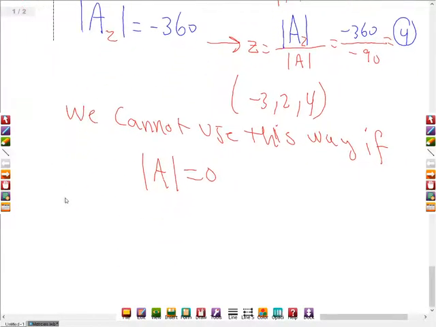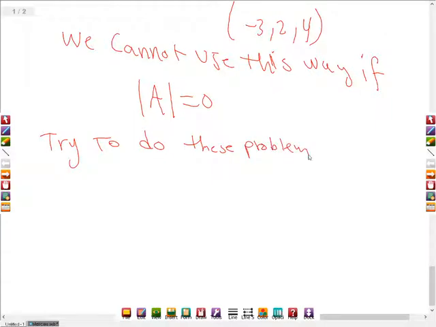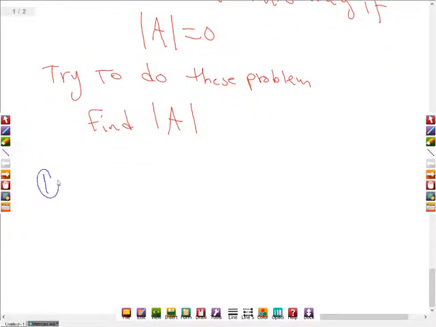I'm going to give you 3-4 problems. Try to do this problem. Find the determinant of A: 1, 3, 2, negative 1 and 4, 2.